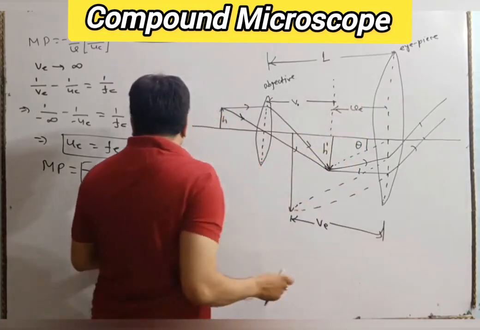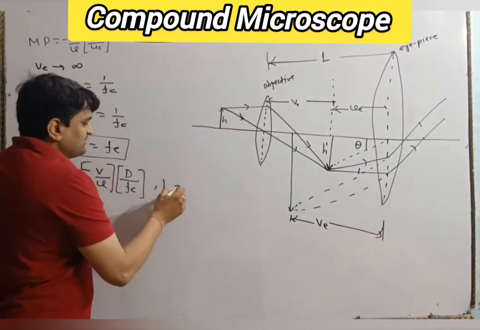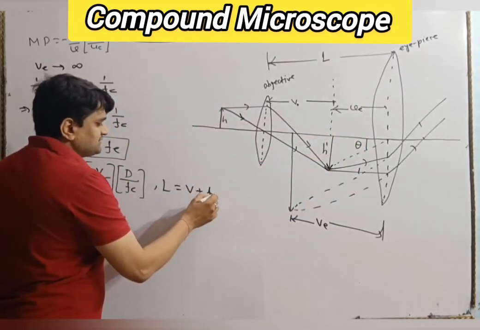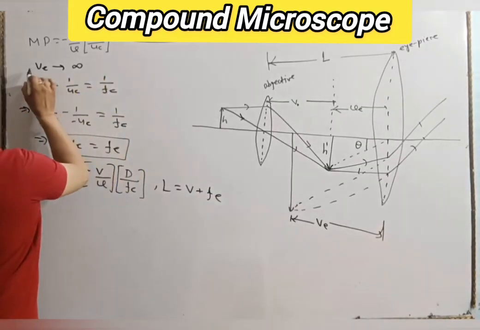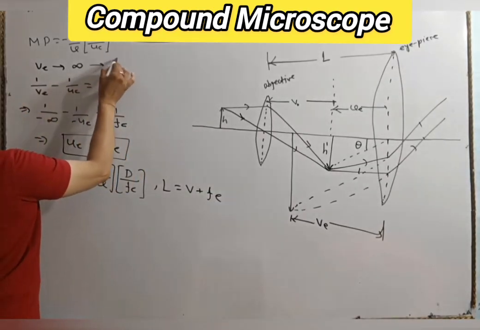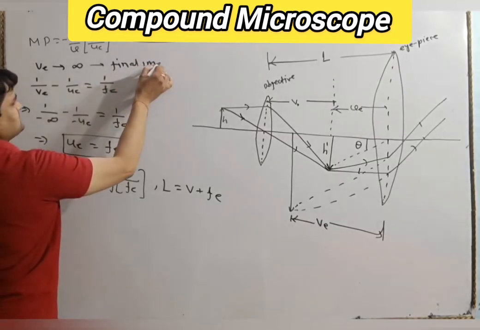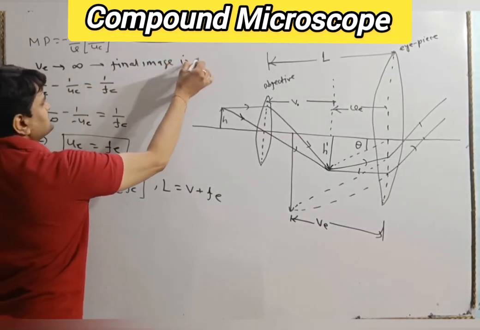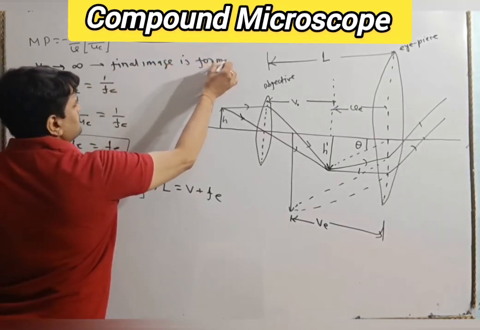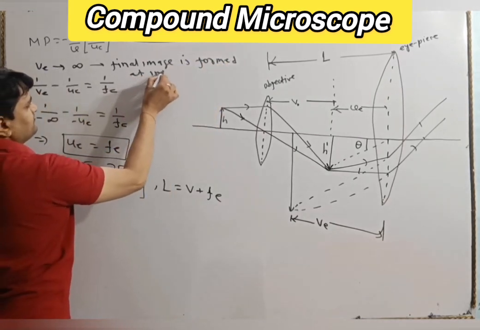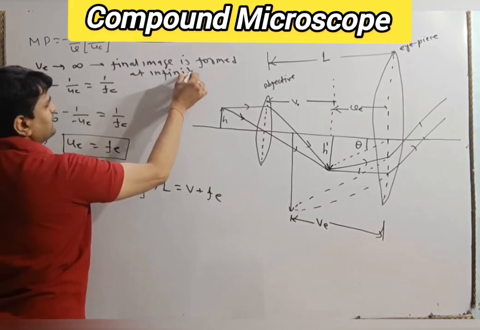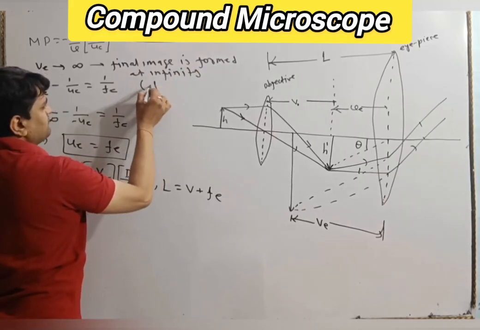V plus UE. In this case, L will be V plus Fe. Okay. This is the case when final image is formed at infinity. Okay. This is called far point.